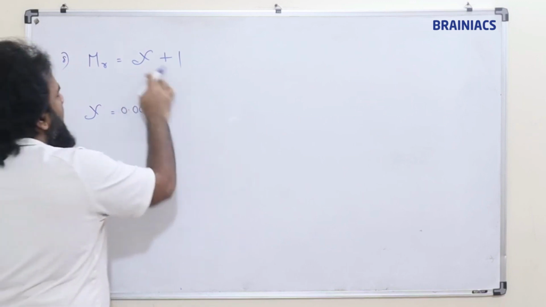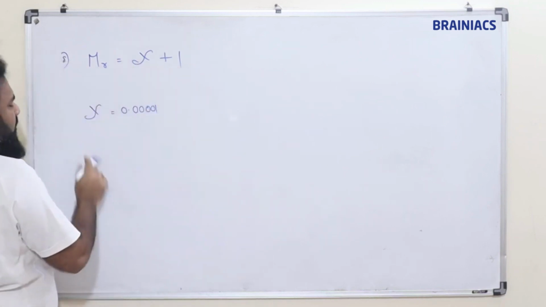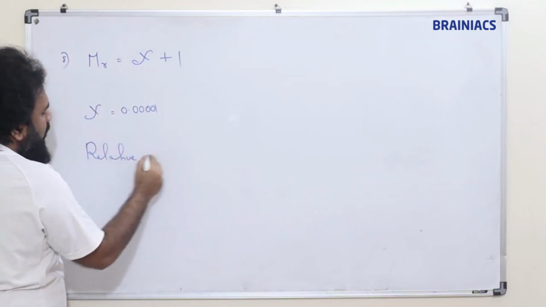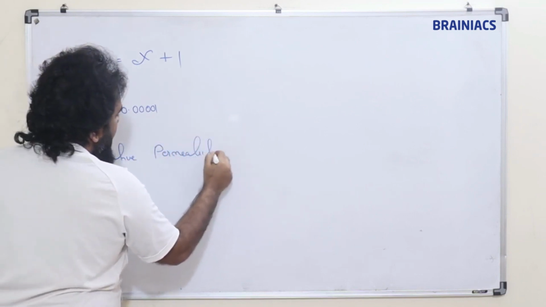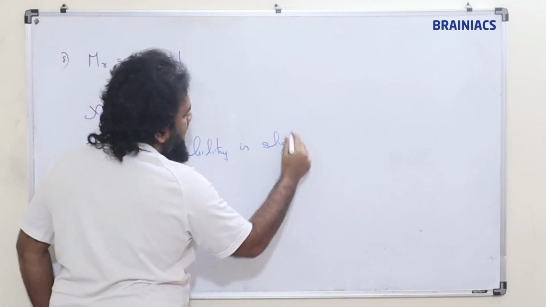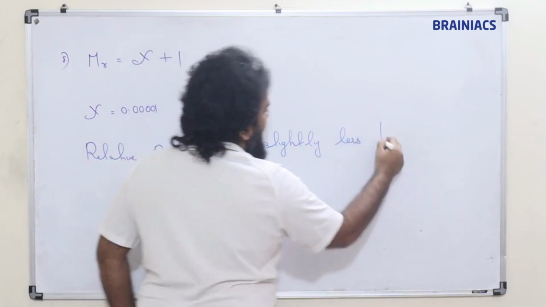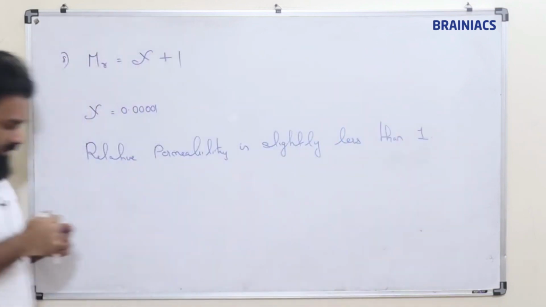So if zeta, this value, plus 1, it is going to be slightly less than 1. From this we can say relative permeability is slightly less than 1 in diamagnetic materials.